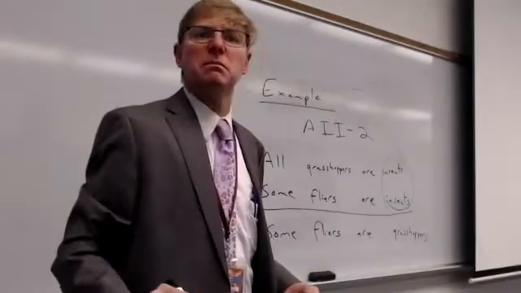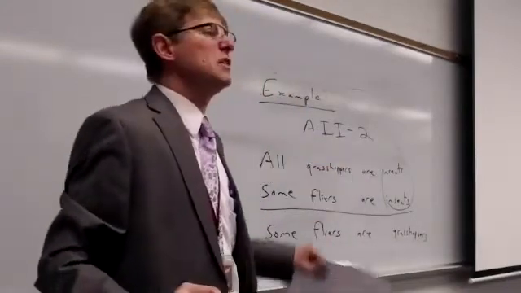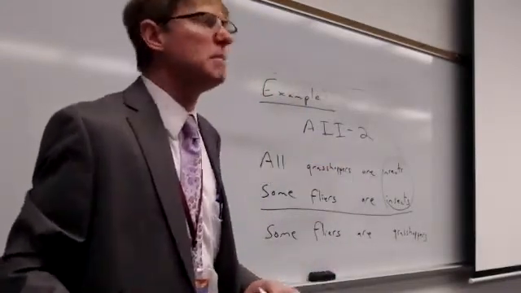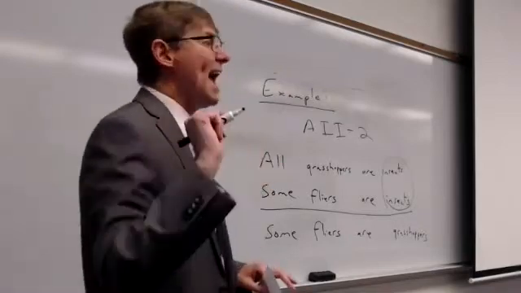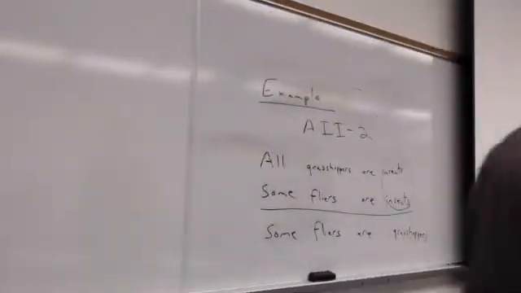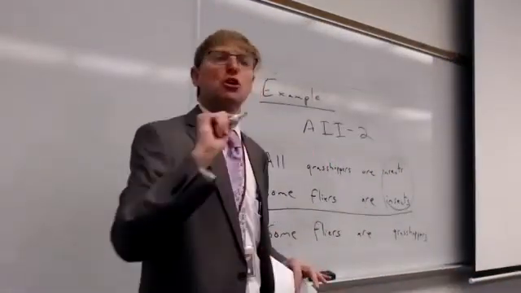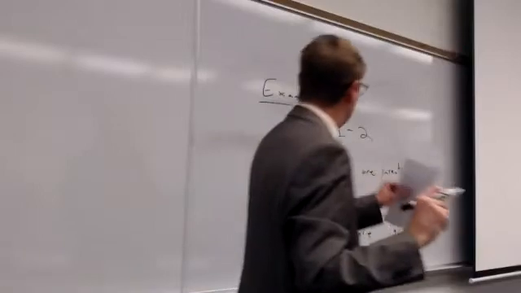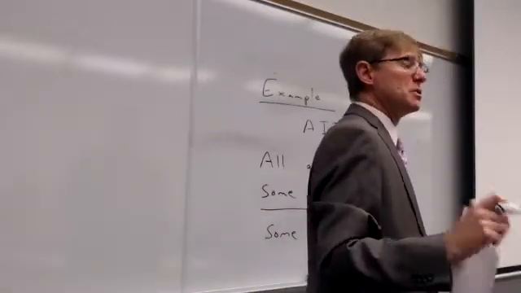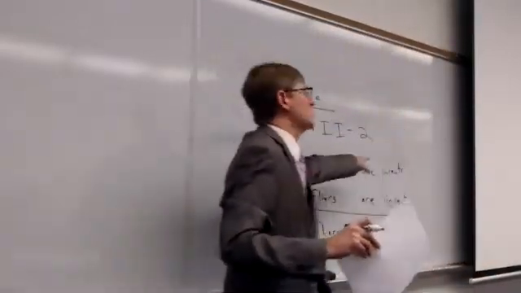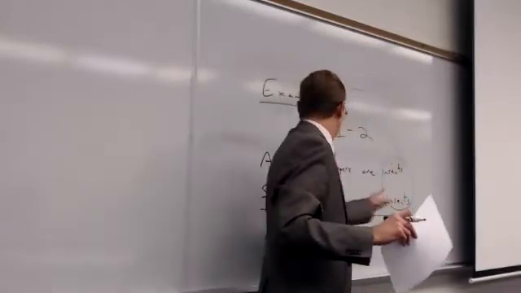Rules method. I know that this one's invalid because of an illicit middle term, aka an undistributed middle term. If a syllogism is valid, the middle term has got to distribute in one of the premises. A statements do not distribute predicates.